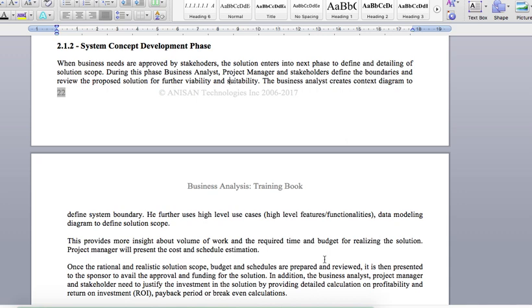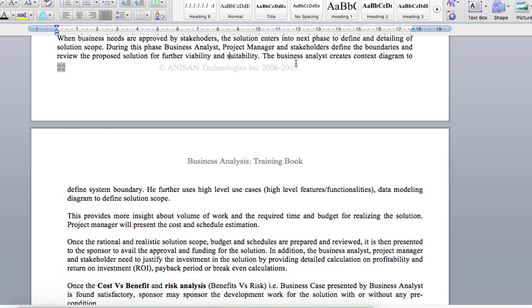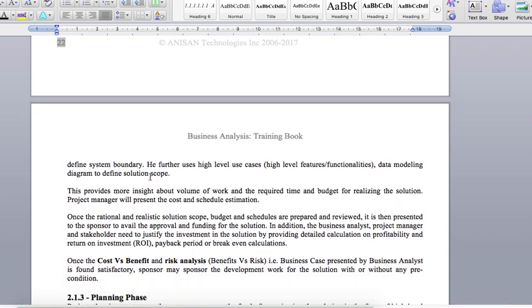Okay, so here the business analyst's role is that he will create a context diagram to define the system boundary, and he further uses high level use cases. That's basically high level, that will define the high level features or the functionalities, and data modeling diagrams to define the solution scope.